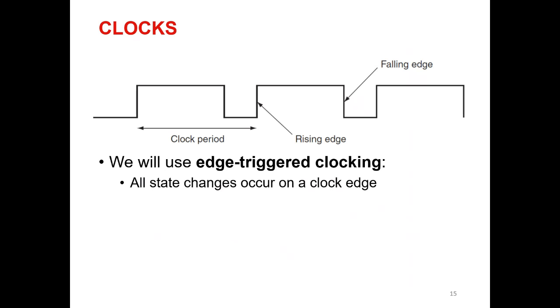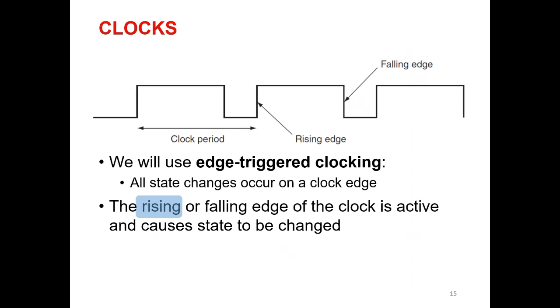That means that a state changes when we are at a clock edge. It could be the rising edge or the falling edge, but changes will happen when we are at those edges of the clock. Okay.